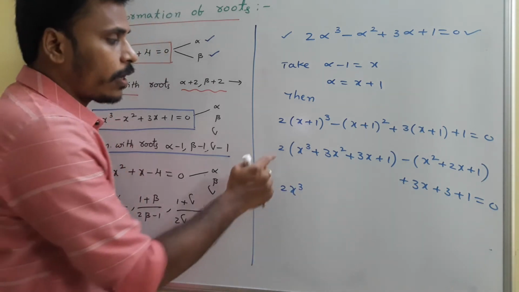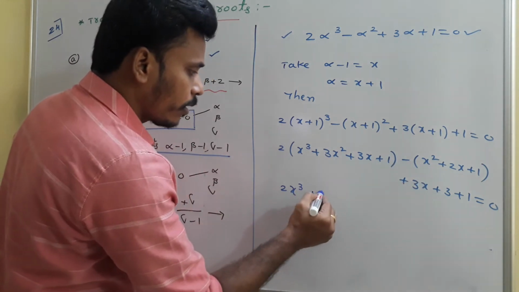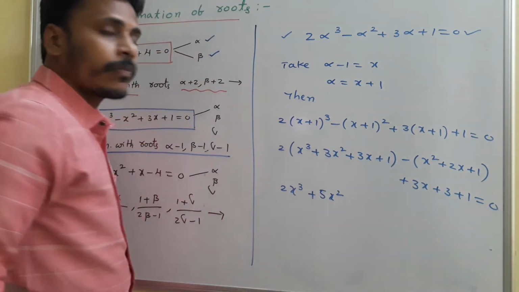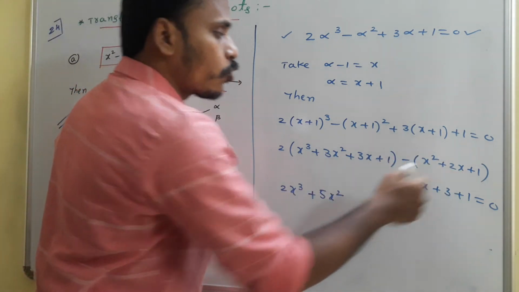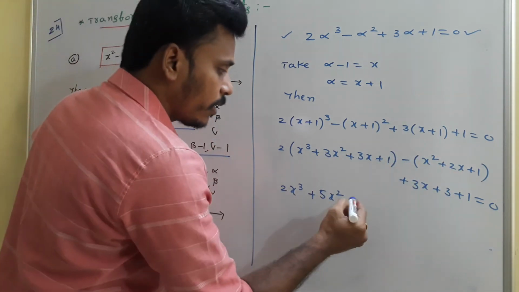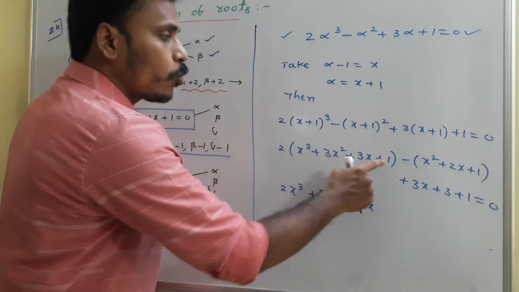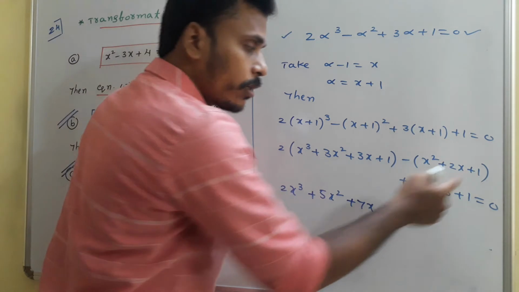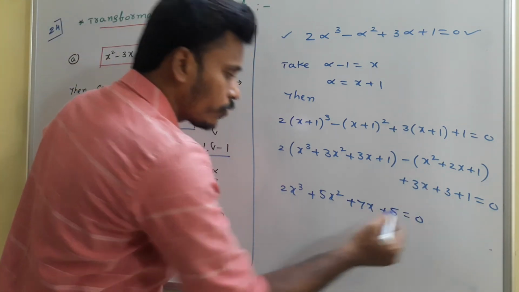Coming to x square, 2 into 3, 6x square minus x square is 5x square. And then coming to x, 2 into 3x, 6x minus 2x, 4x plus 3x, 7x. Then think about constant. 2 into 1 is 2, minus 1, so 1, plus 4, 5 is equal to 0.